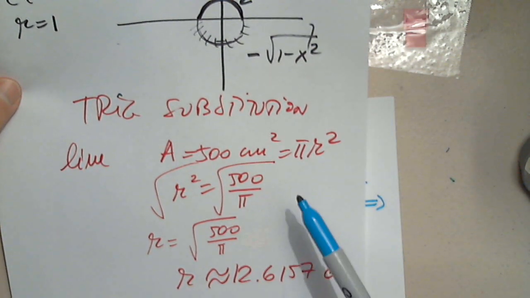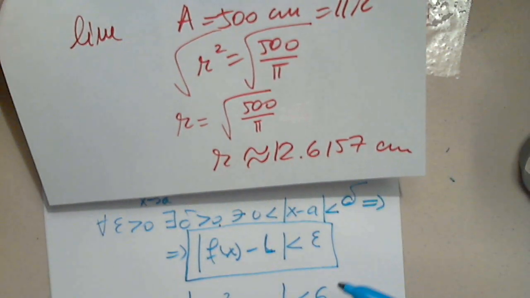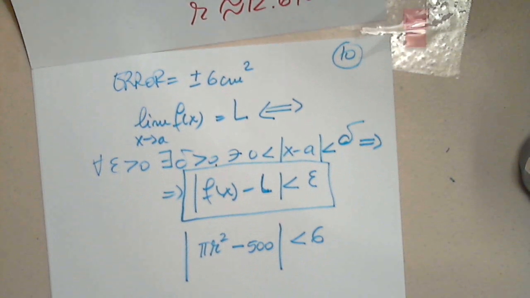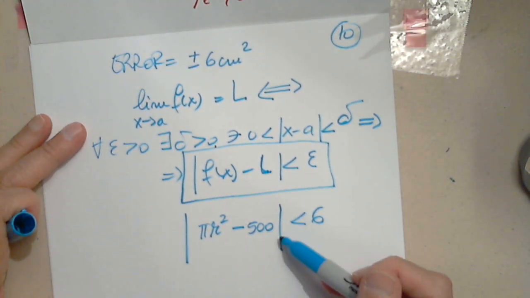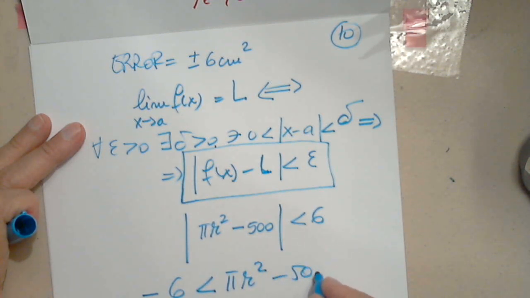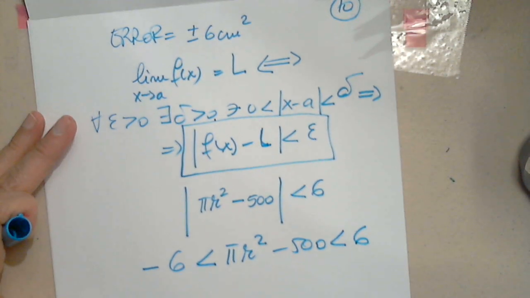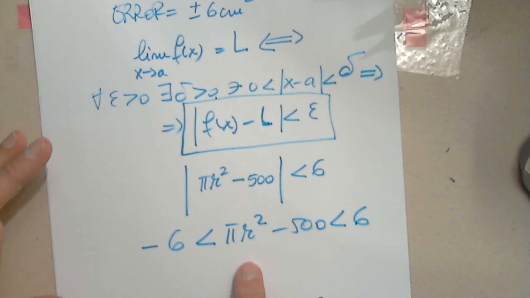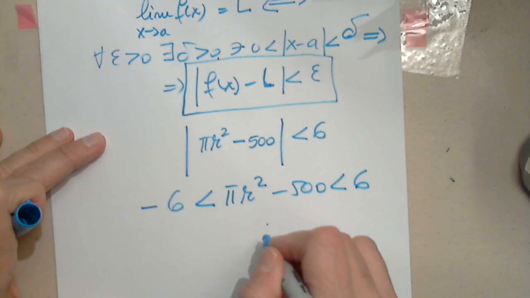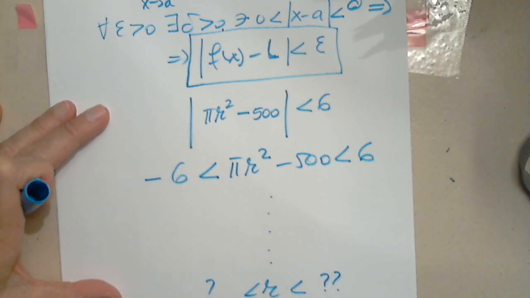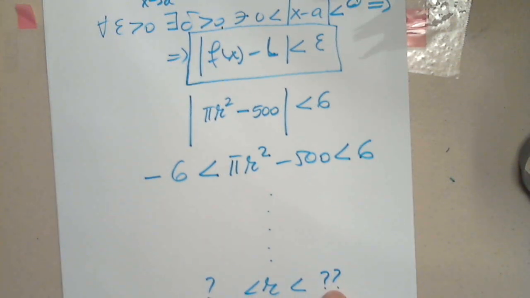We don't want any error, but we are told that epsilon is 6. So then we have to solve this inequality, which turns into this, and I have to solve for r. Once I solve this inequality for r, I will get something like this, and this is what they want.